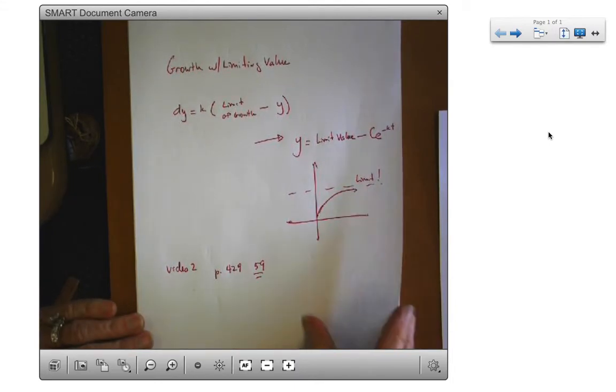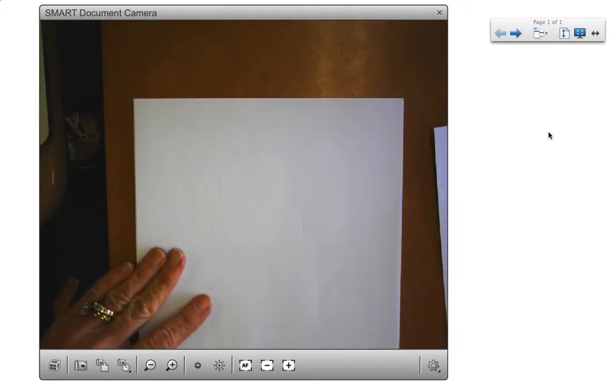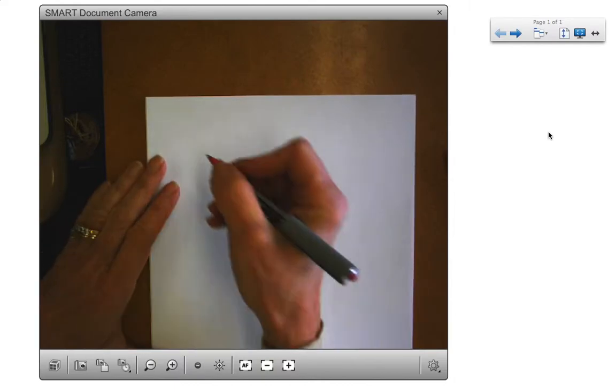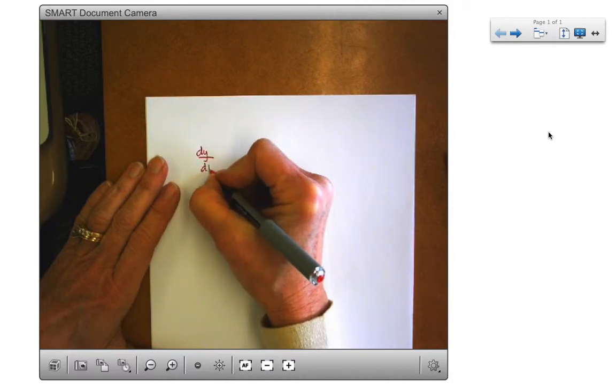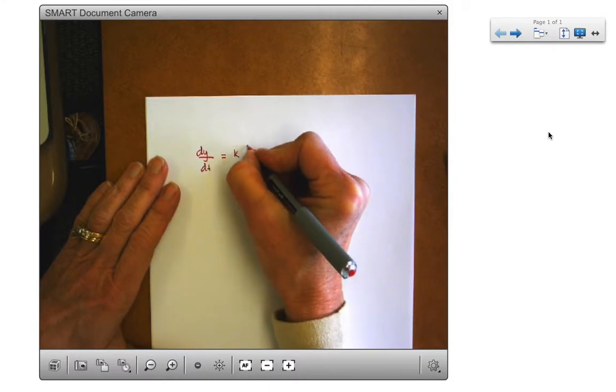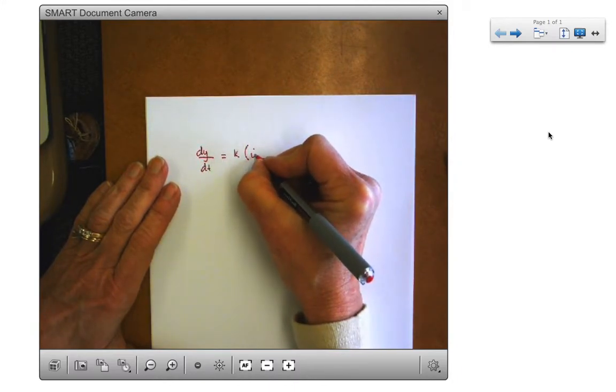All right, so continue with our notes about differential equations. There's one other form that we started talking about, but we didn't really get to discuss. It was toward the end of class. So if you have a differential equation in this form, dy over dt equals ky, and a 1 is the beginning of your parentheses.